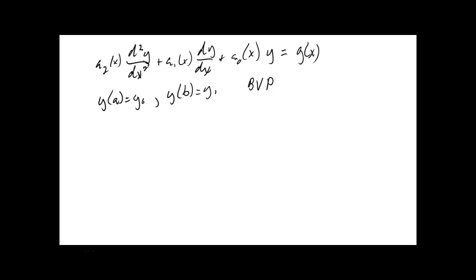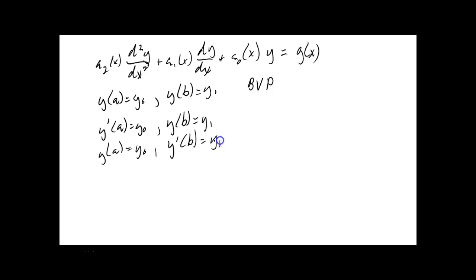And there are other boundary conditions you could have. I'm going to list a few of them here. For a second order differential equation, you could have y prime at a equal to y0, and y of b equal to y1, or you could have y of a equal to y0, but y prime of b equal to y1, or you could have y prime of a equal to y0, and y prime of b equal to y1.